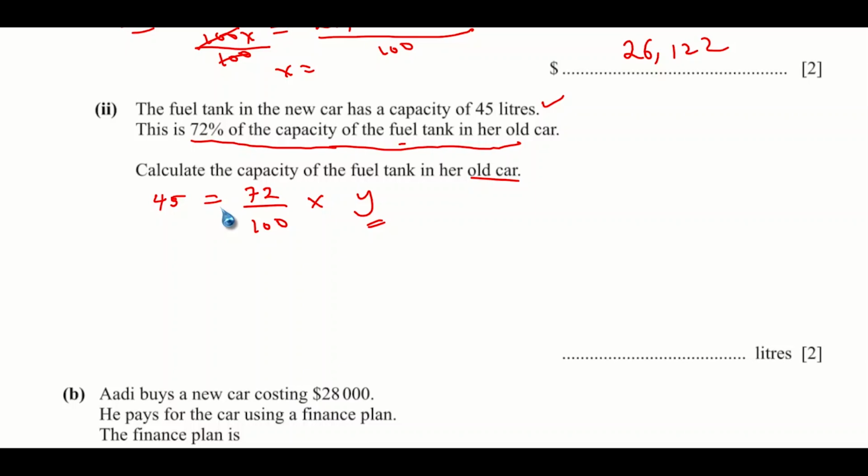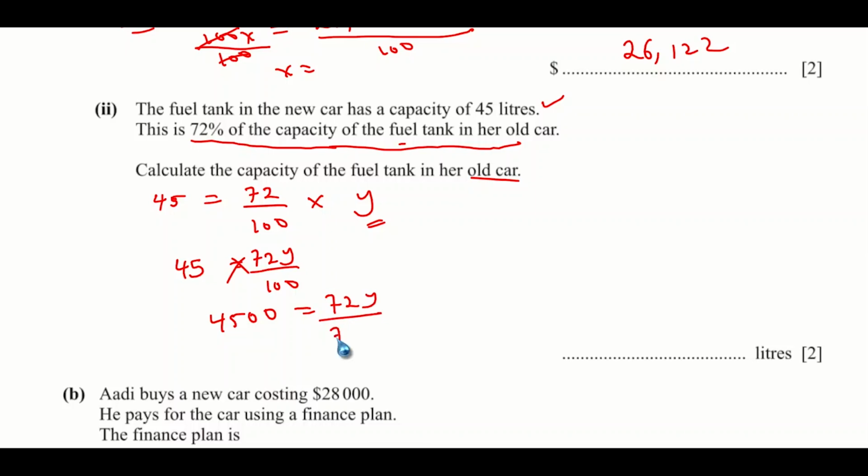If I cross multiply, I can write this as 45 equals 72Y over 100. Cross multiplying, this will be 4500 equals 72Y.